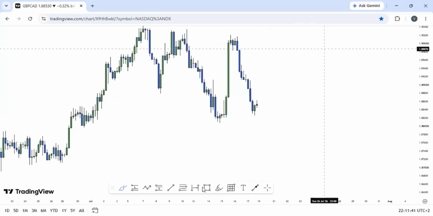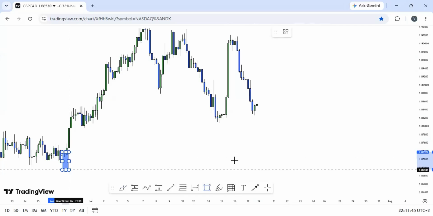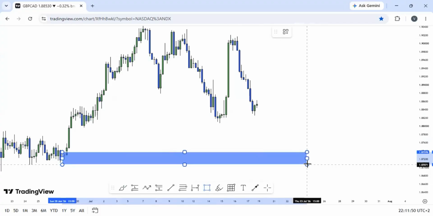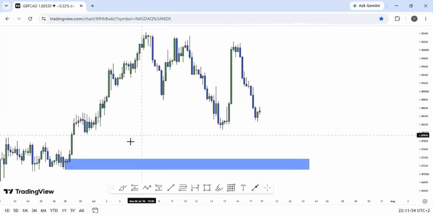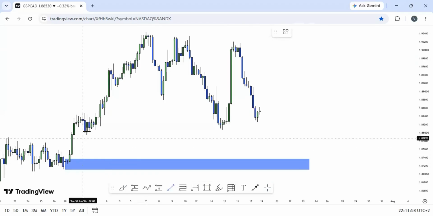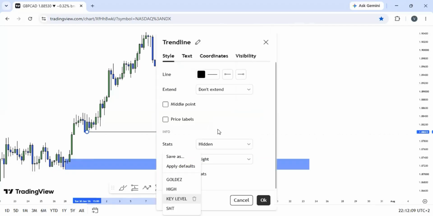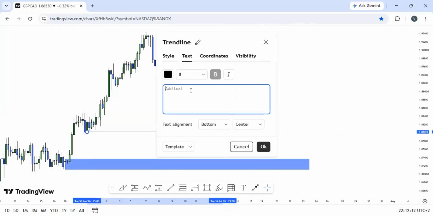The reason I'm saying we want to see the market coming to this demand level is because, if you can check, this demand is very accurate. We also have our inducement, or a temporary low, on this side.